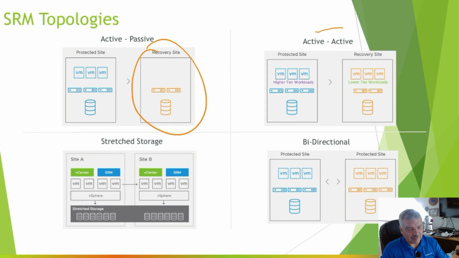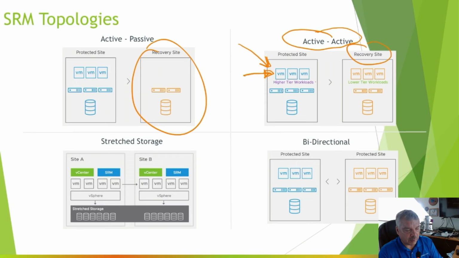Then they've got an active-active here. I don't know if I like this description, but anyway. Here's my protected site. These are all my critical workloads running over here. Here's my recovery site, so I'm replicating my stuff over here, just like in the last one. And notice there are VMs running here, but these might be test/dev VMs you don't care about.